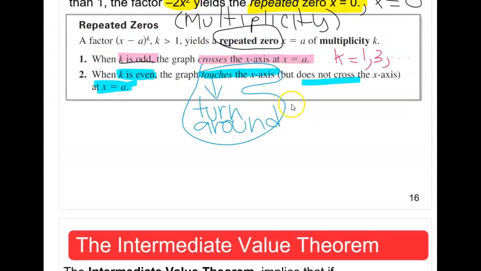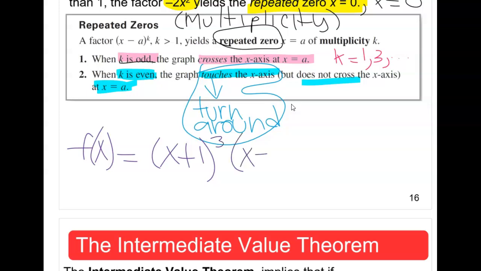Well, let me give you some quick examples. Let's say that we had a polynomial and we already had it factored, so we have x plus 1, and we have it 3 times that factor, and then we have x minus 2, and we have that one with a 4 as the exponent.